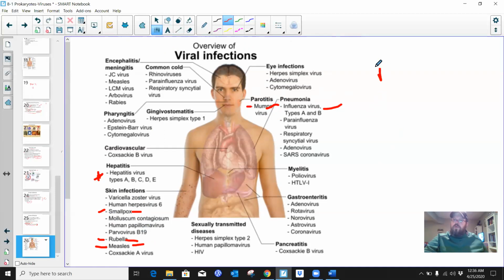Another thing like polio, right? Polio is a viral infection that was almost to the level of the pandemic that we're experiencing right now, until a scientist by the name of Jonas Salk developed the polio vaccine.